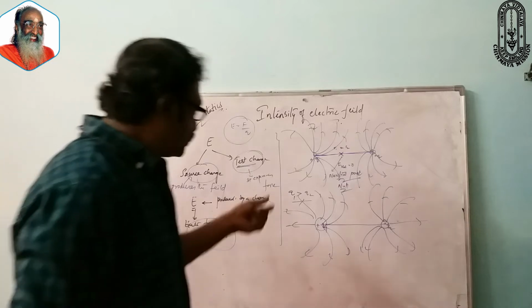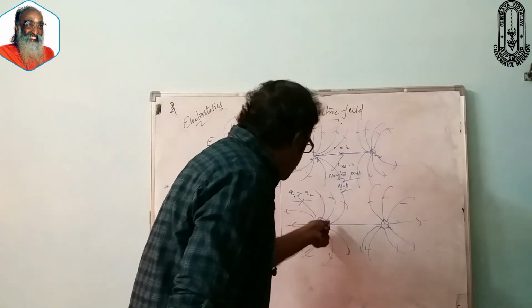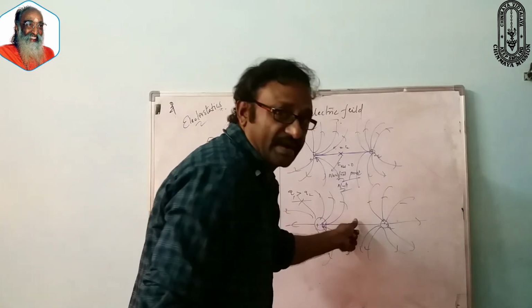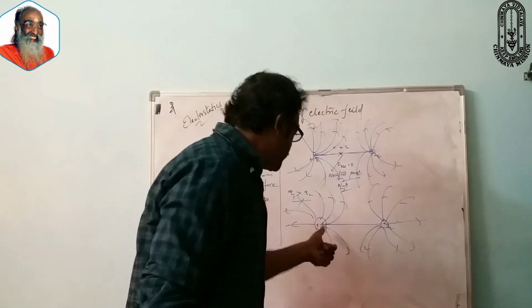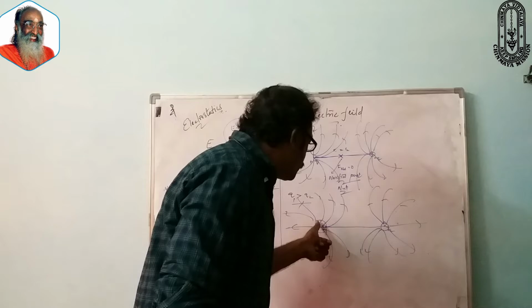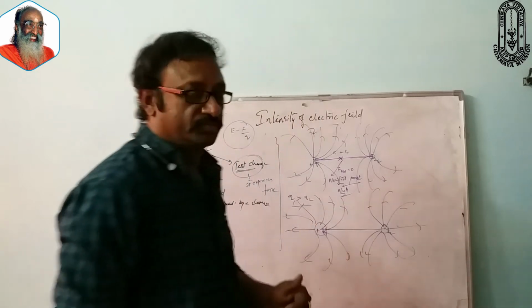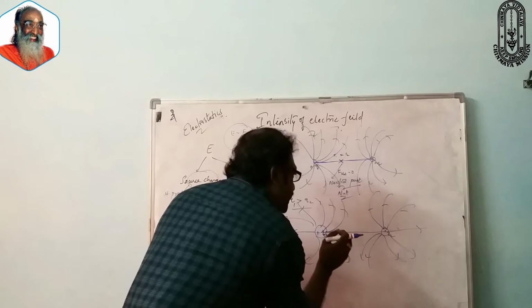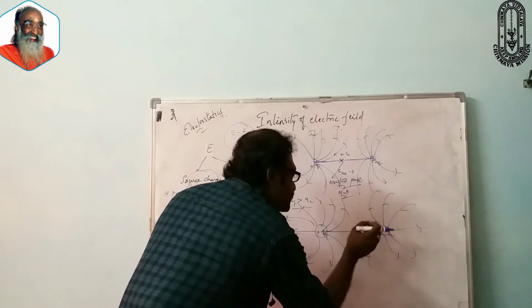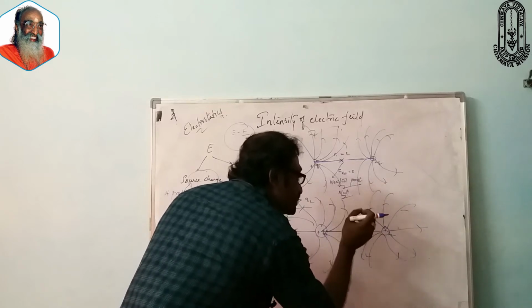Because of that reason, the neutral point will not lie exactly at the center because the charges are not equal in magnitude. Certainly this exerts more force compared to this charge. So the neutral point will be nearer to the charge which is less in magnitude.